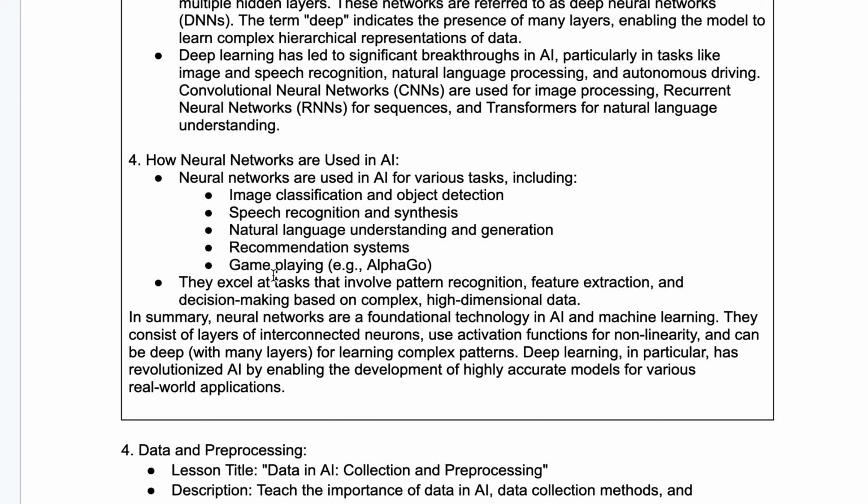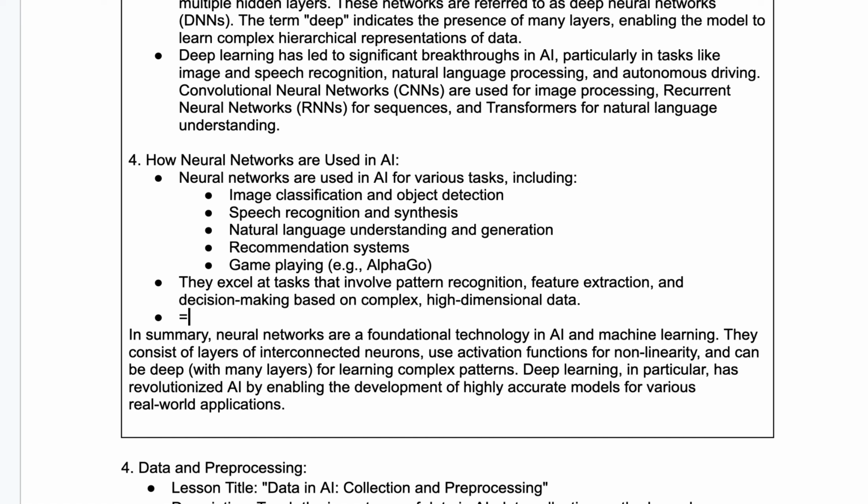Machine learning models like neural networks excel at tasks that involve pattern recognition, feature extraction, and decision making based on complex high-dimensional data. So let's summarize this.